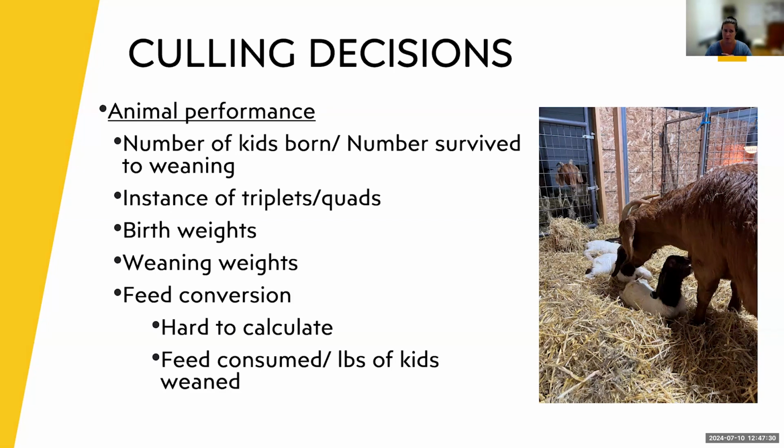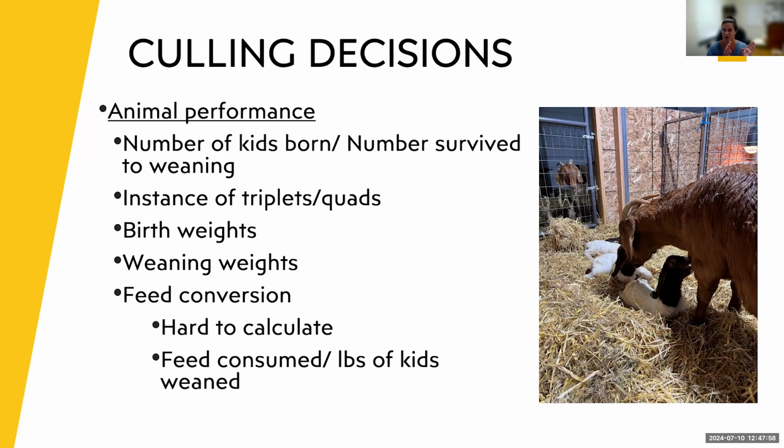Instances of triplets and quads. Some operations want to have triplets and quads, some don't. It just depends on if you have the manpower to feed those extra kids and lambs. If you don't, and you only want them to have singles and twins, then you're going to select against those females that seem to be having triplets and quads.